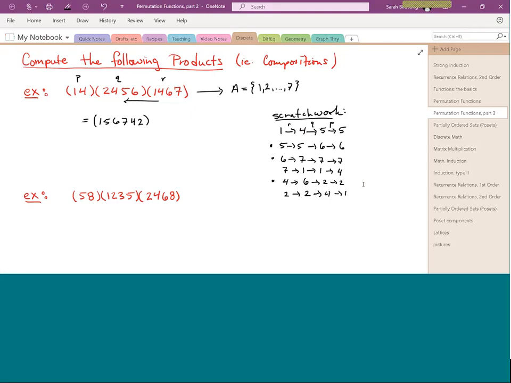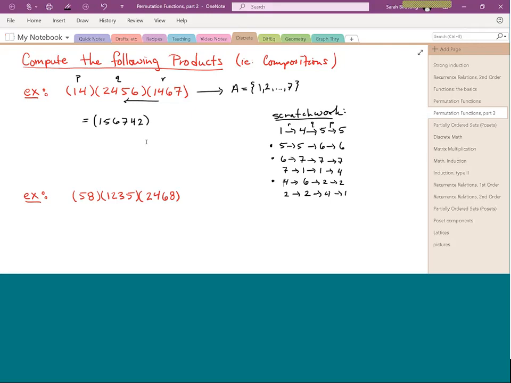Now, let's finish this off. We said our building set or our domain was the numbers 1 through 7. Do we have all the numbers 1 through 7 in the cycle we just built? And if the answer is no, who's missing? Correct.